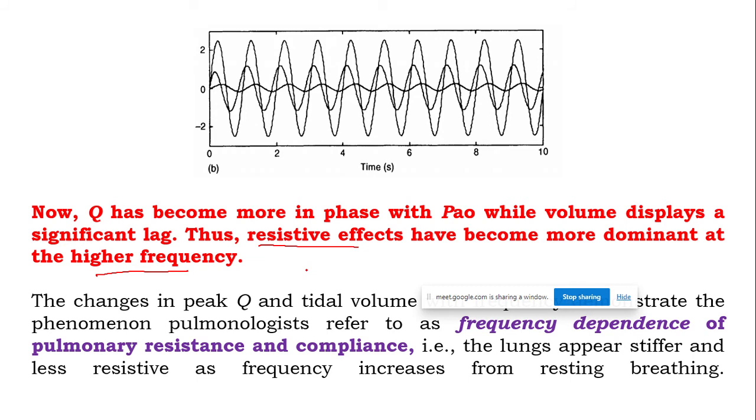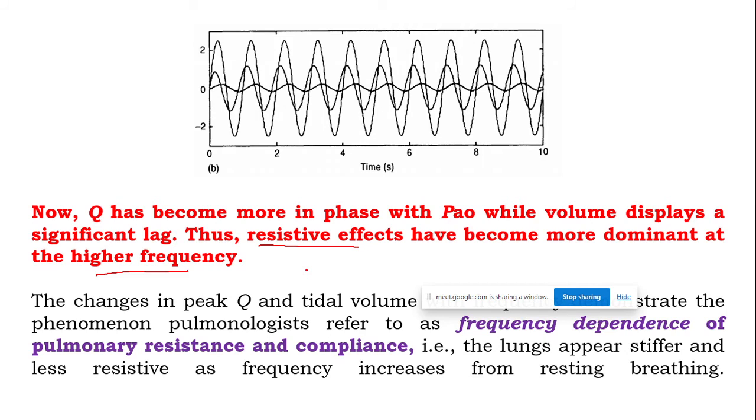This is what pulmonologists normally call the frequency dependence of pulmonary resistance and capacitance. The pulmonary resistance and compliance depend upon frequency. That is, the lung appears stiffer and less resistive as the frequency increases from normal breathing.